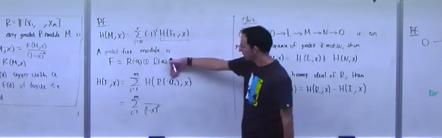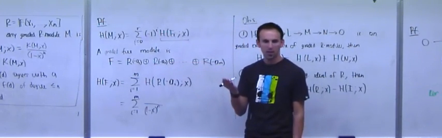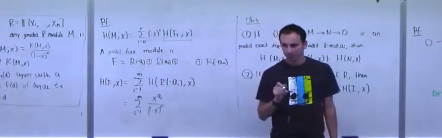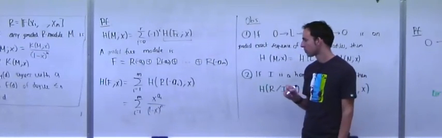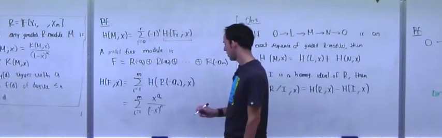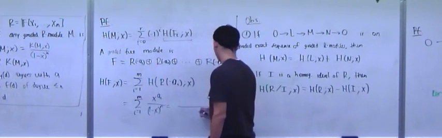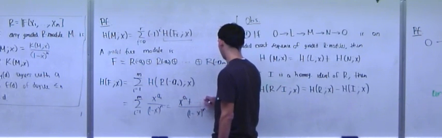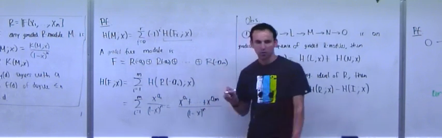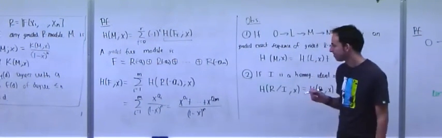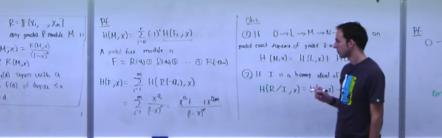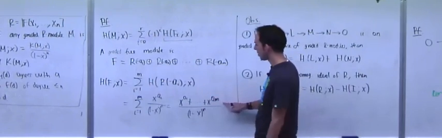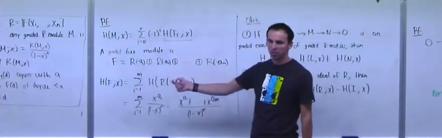And we saw that the effect of shifting the grading by AI is just that you get an x to the AI here. And so what did we get? We got that this is 1 minus x to the n in the denominator, and in the numerator, just get this, which is a nice polynomial. And so that's the end of the proof. Because the Hilbert series of a free module has this form, then the Hilbert series of any module has this form.